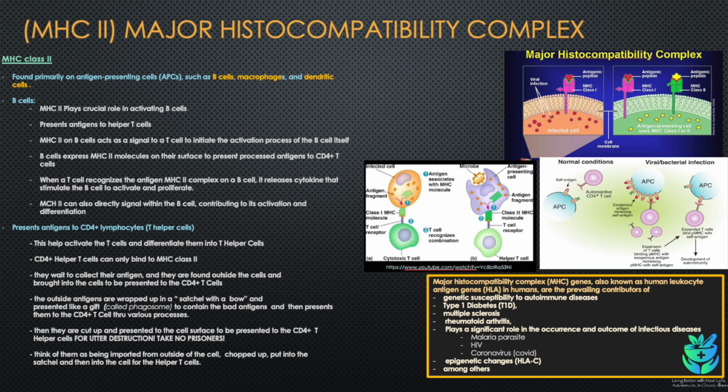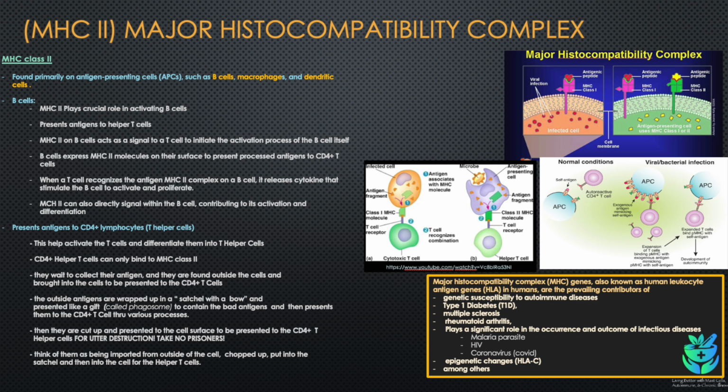The MHC class 2 also presents antigens to the CD4 plus lymphocytes. Those are your T helper cells. So this helps activate the T cells and differentiates them into T helper cells. The T helper cells can only bind to MHC class 2.